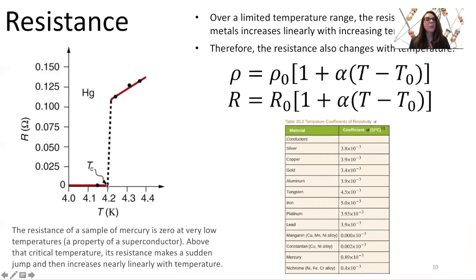But above some critical temperature, which is different for each material, its resistance makes a sudden jump and then starts to increase nearly linearly with temperature above this. So at very low temperatures, there are many materials that behave as if they have no resistance, but as they warm up, they start to have a resistance that behaves more linearly.